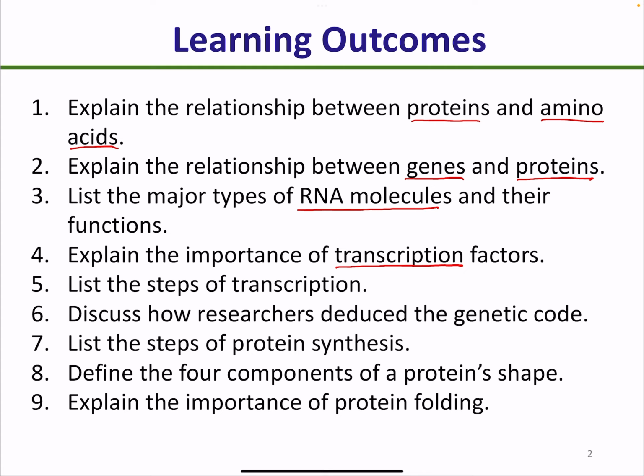Then we are going to take a look at the structural levels of proteins. And finally, how do proteins after production get folded so that they can adopt their ultimate three-dimensional shape that is compatible for their function? And what happens when these proteins are not taking their proper folding?